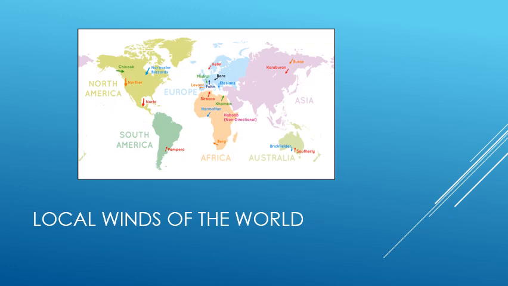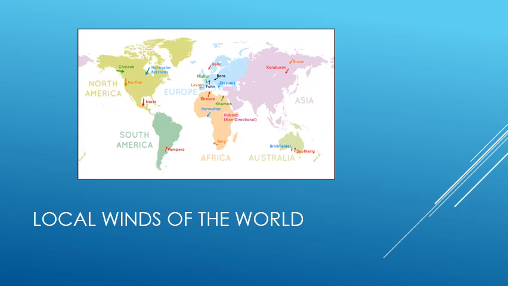Sirocco, a hot, usually springtime wind blowing from the Sahara in Africa to the Mediterranean coasts. In Egypt, this type of wind is known as Khamsin. Fohn, a hot dry wind which blows down the leeward slope of a mountain. This is best known in the valleys of the Northern Alps of Switzerland.